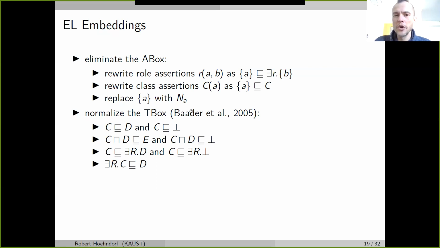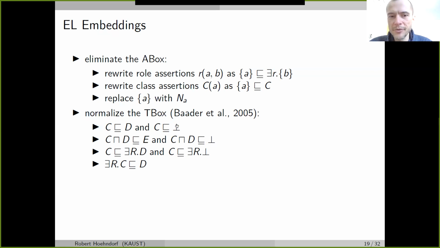And we can normalize our T box, and this is an old result. For this particular language, we can transform our whole ontology so that every statement takes the form of one of 7 normal forms. The first one is C subclass D, where C and D are concept names, and E is also a concept name.